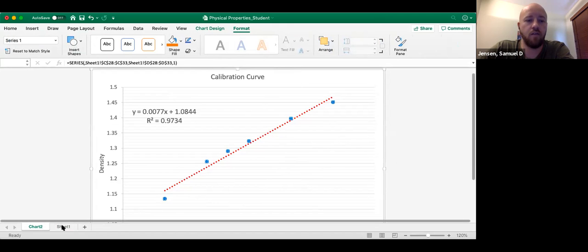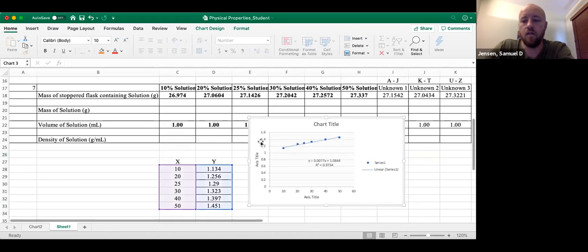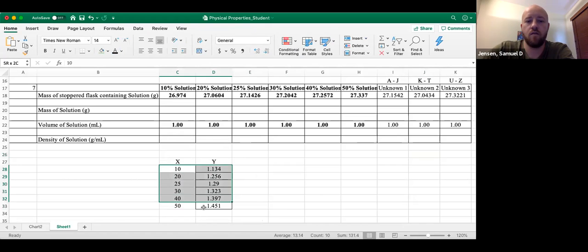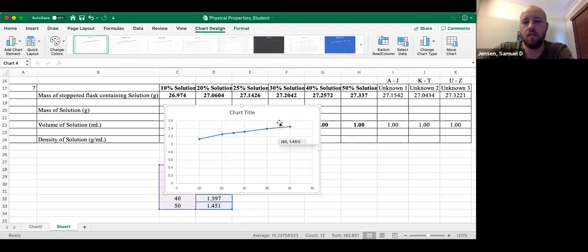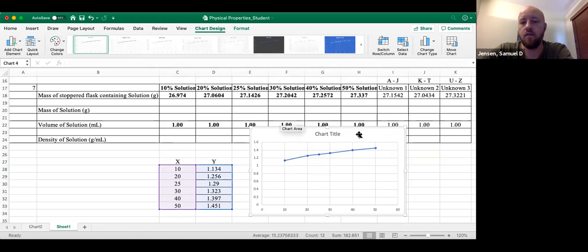Let's go back here. So what I was saying is I don't want it like this, right? When you do this, this is connecting the dots with a line. The trend line does not connect the dots.